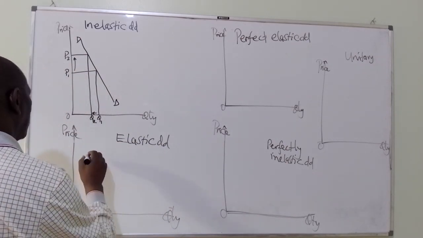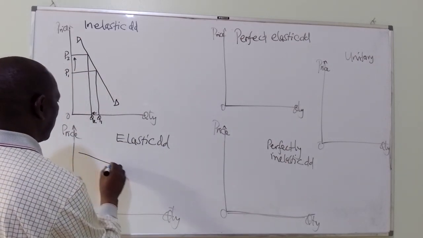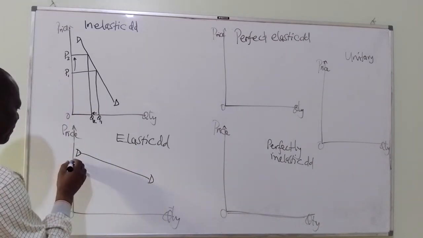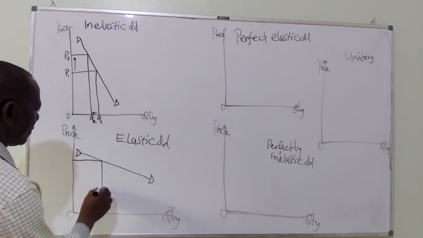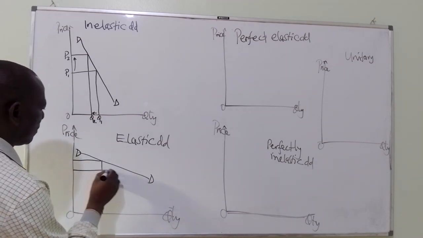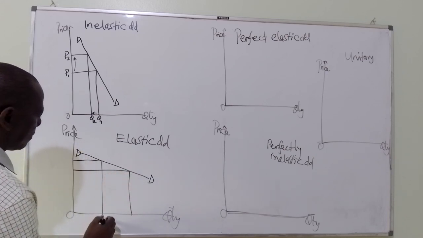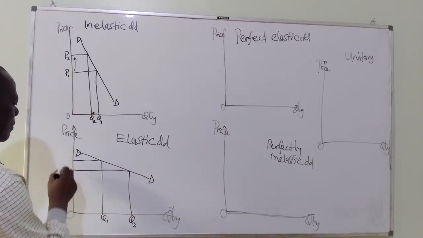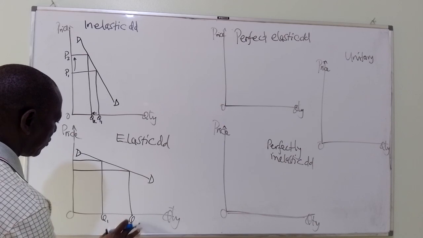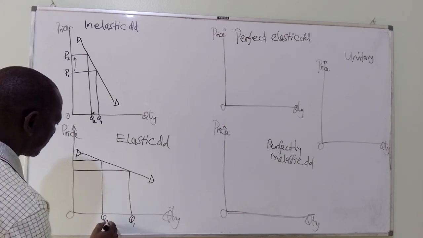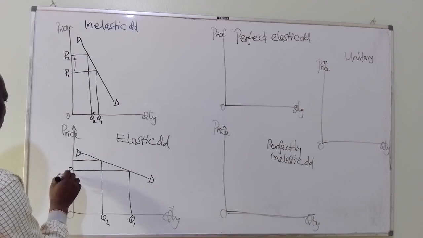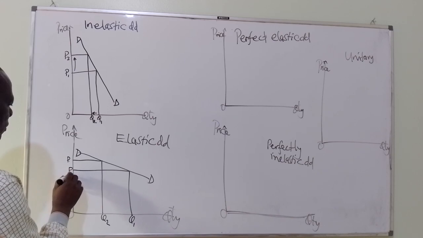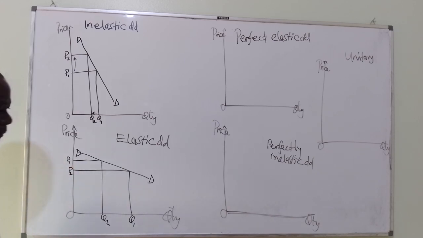Then we have the elastic demand, where we see the opposite. So P2, P1.